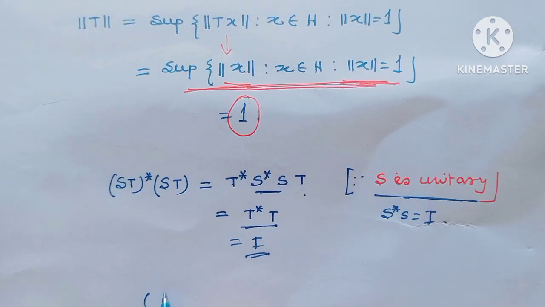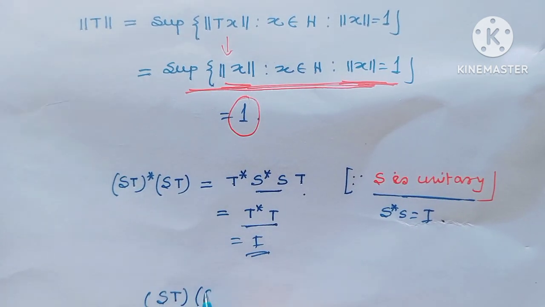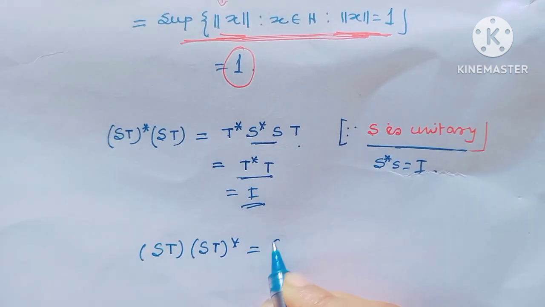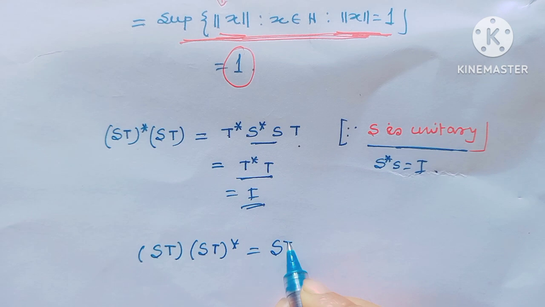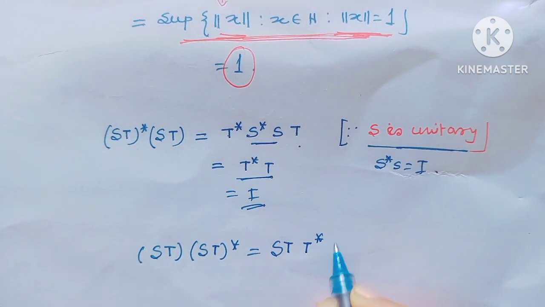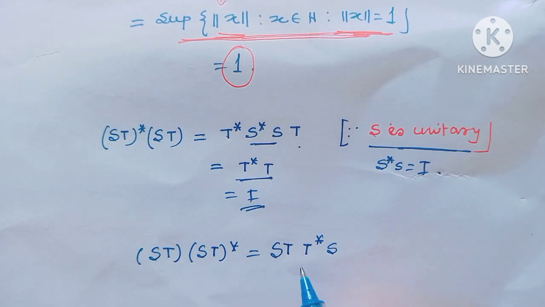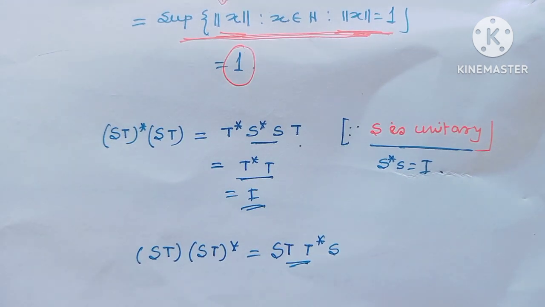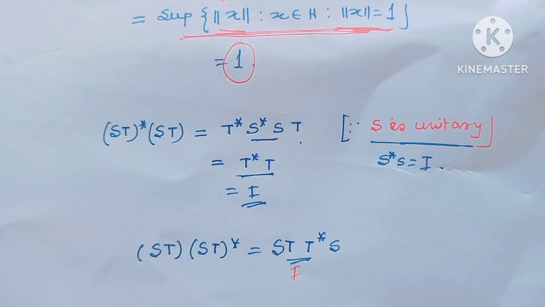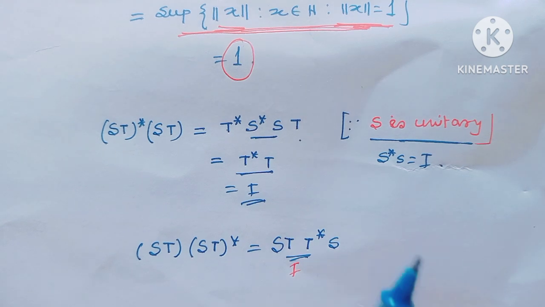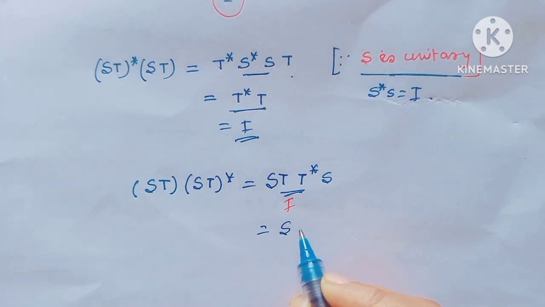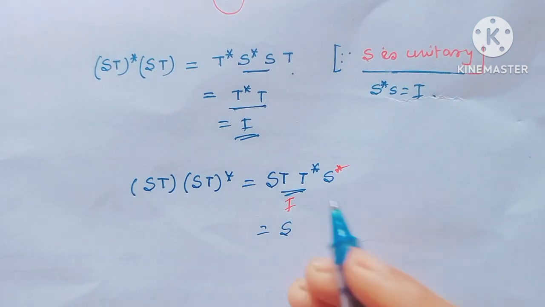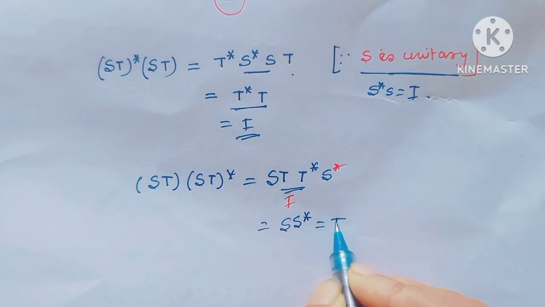Similarly, ST times ST star equals S T T star S star, and since T is unitary, T T star is identity, so this equals S S star, which is equal to identity.